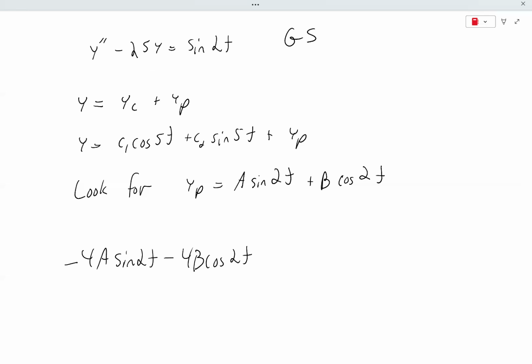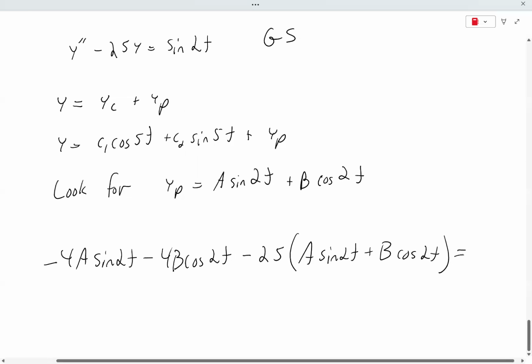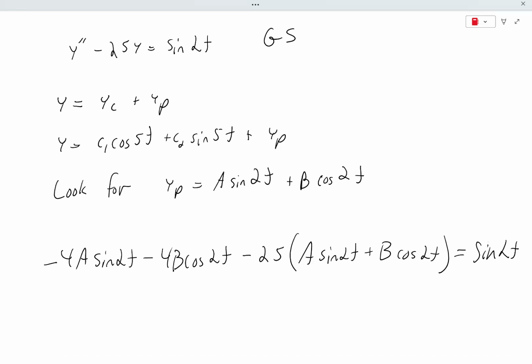That's taking two derivatives there. And then minus 25 times a sine 2t plus b cosine 2t equals sine 2t. So this will be your setup here then.